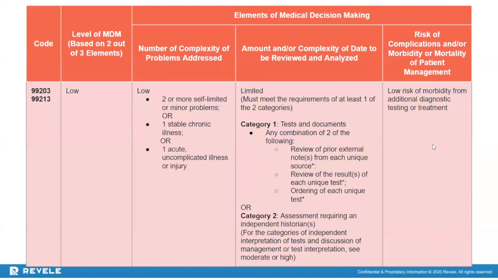For the categories of an independent interpretation of tests and discussion of management or test interpretation, then you would see moderate or high level. And the last component, being risk of complications and/or morbidity or mortality of patient management, would be a low risk of morbidity from additional diagnostic testing or treatment.